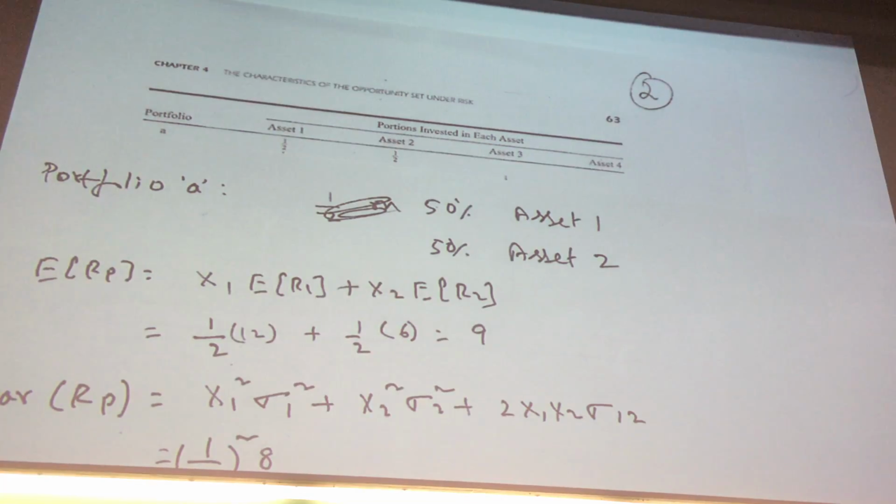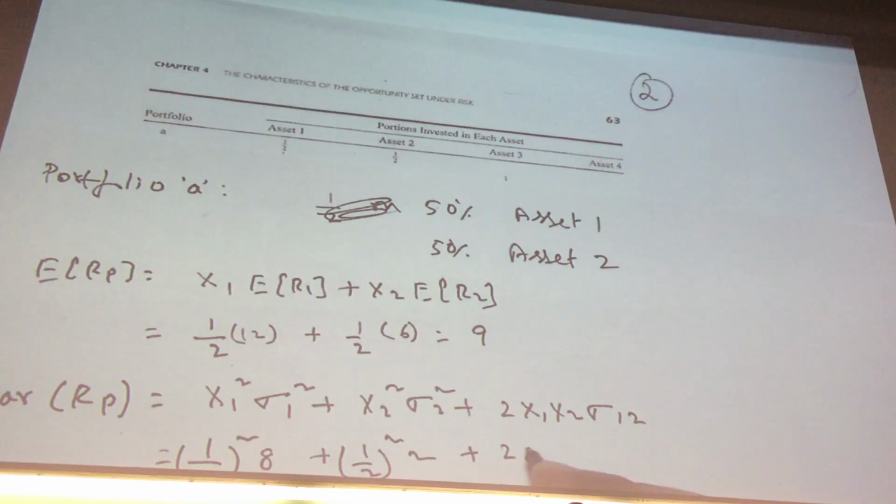The first one is 8. Second one is half square times 2, plus 2 times half times half. And covariance, has anybody calculated sigma 12?